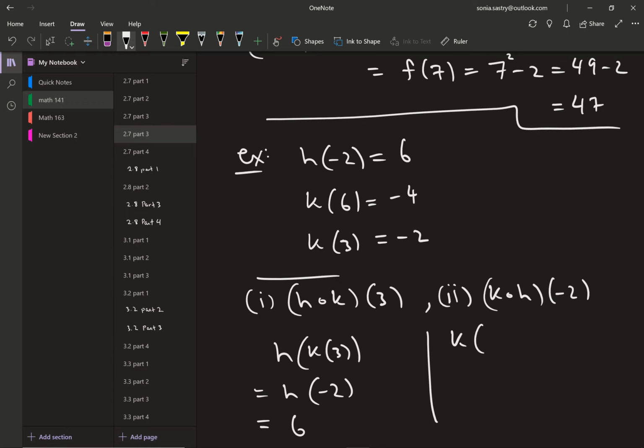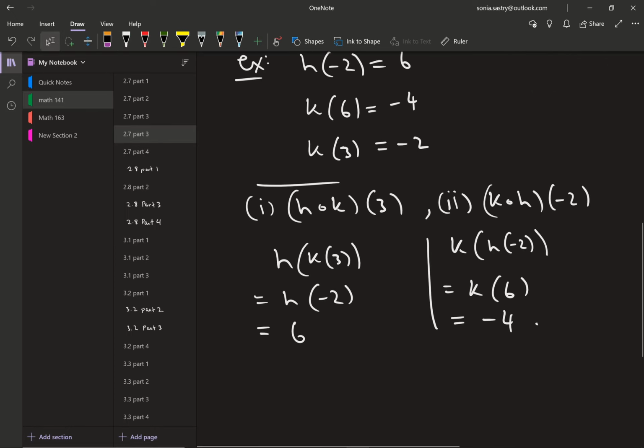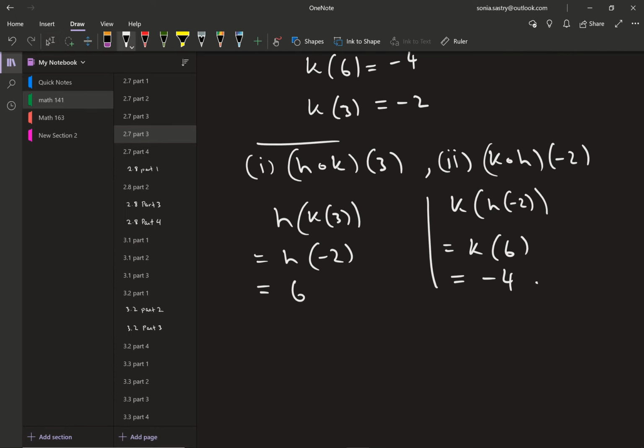Similarly, on the other one, k composed with h is k of h of negative 2. Well, h of negative 2 we know is 6, so this is k of 6, and k of 6 is minus 4. So if you have enough information, you can compute some composition values directly without knowing the whole function.